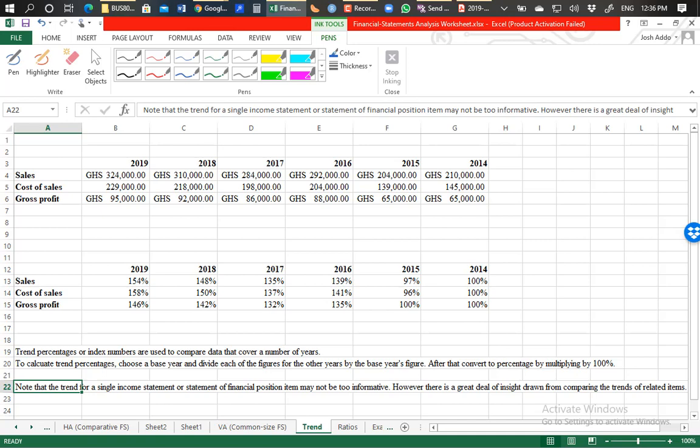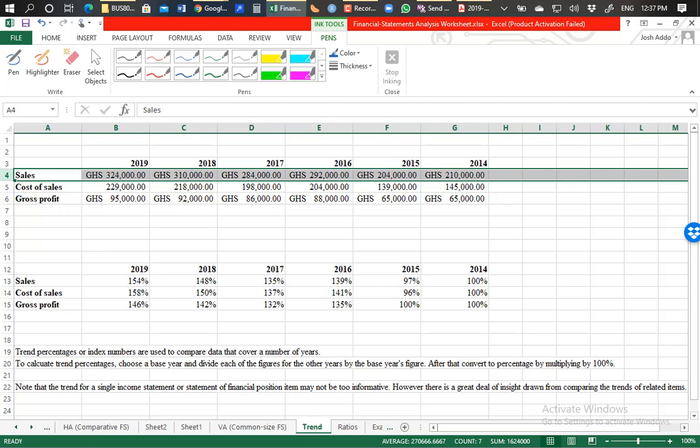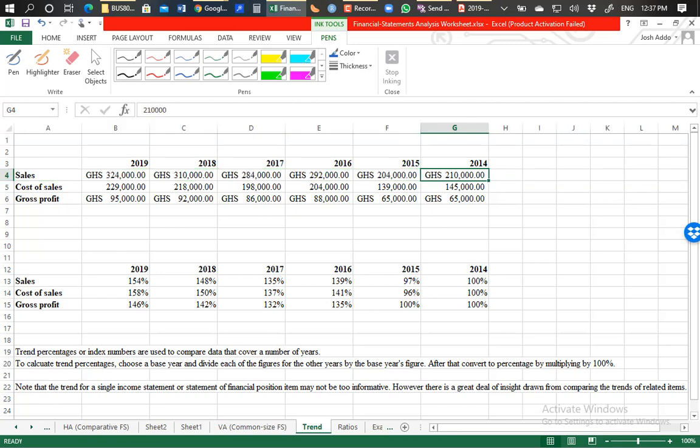If our base year is, say, 2014, how sales has changed from 2014 to 2015, 2016, 2017, 2018, 2019. So we are going to lock everything. 2014 is the reference period. The figure in 2019, how far has it changed from 2014? The figure in 2018, how much has it changed from 2014? The figure in 2017, how much has it changed from 2014?